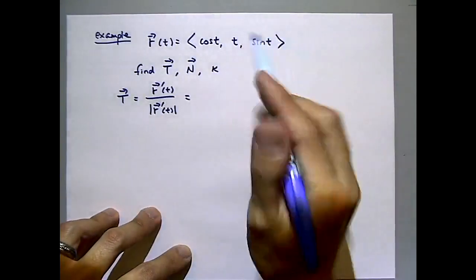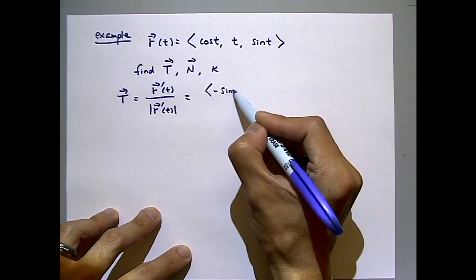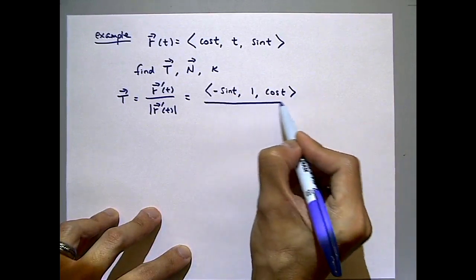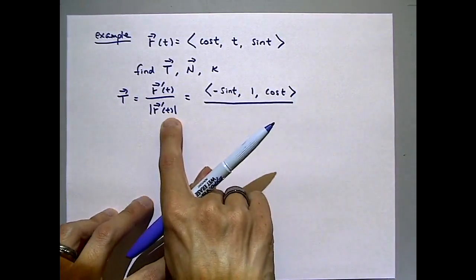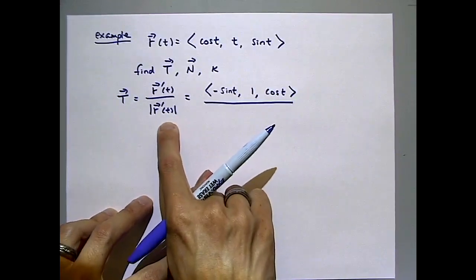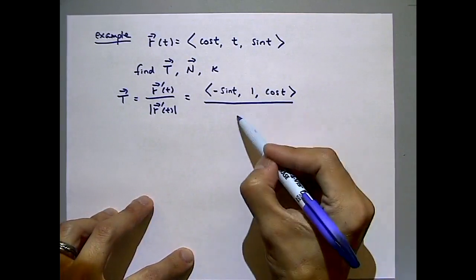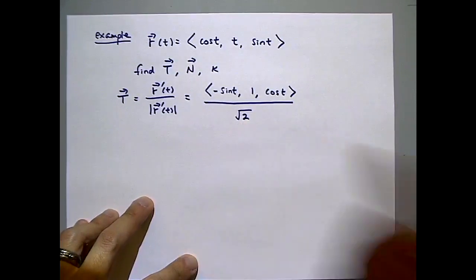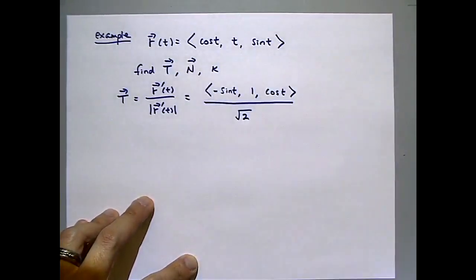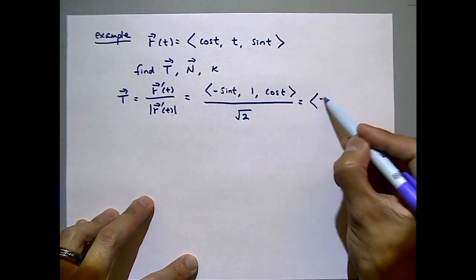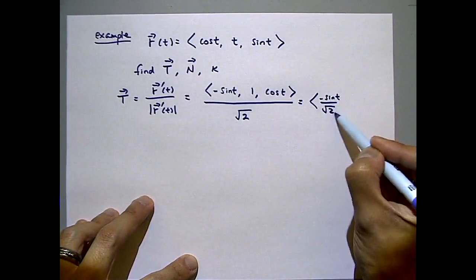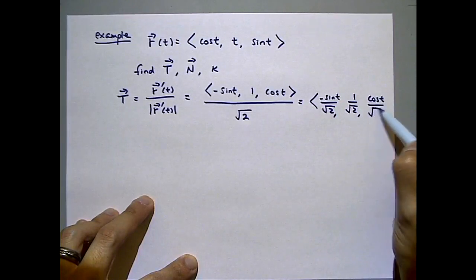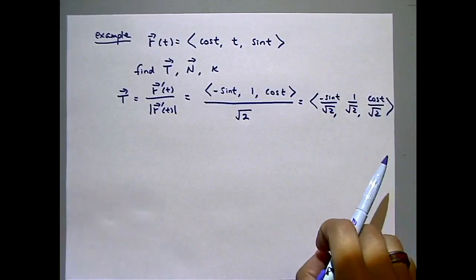All right, so r prime, this is simple. Negative sine, 1, positive cosine. And the magnitude of r prime, we calculated this earlier when we did the arc length. That's where we got that radical 2 from. Look back in your notes to find out how we got that, or simply take the magnitude. So this right here is our unit tangent.